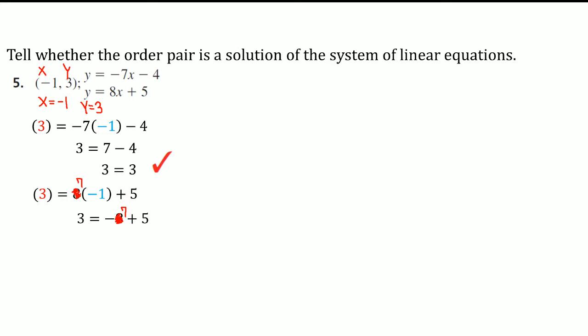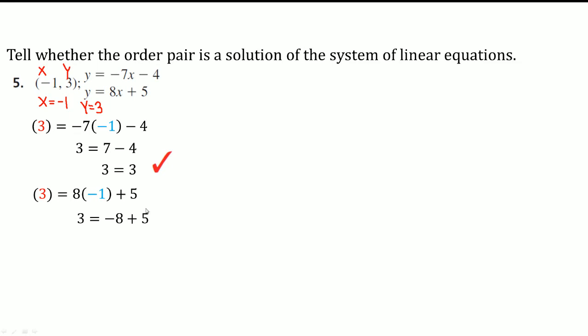Oh, no, that is right. I was like, where am I getting a 7? I was looking at the previous example. I'm sorry. Negative 1 is x, and 3 is y.